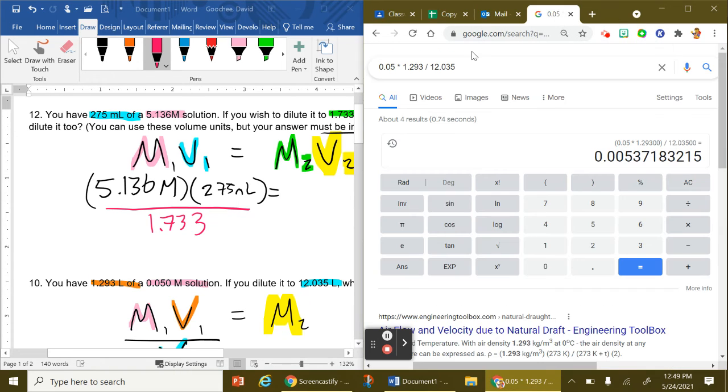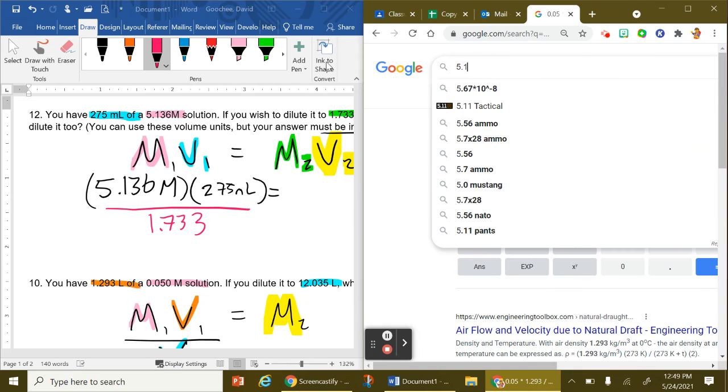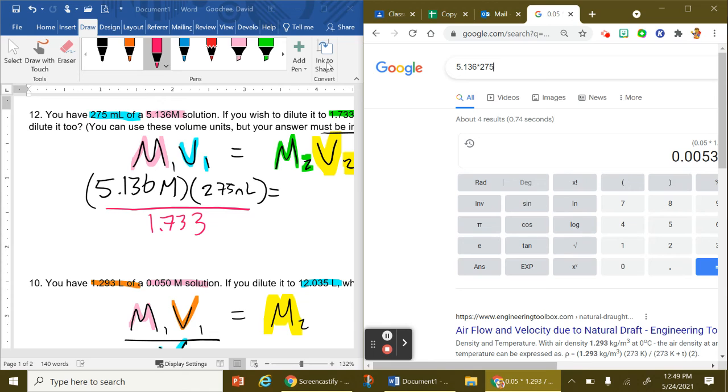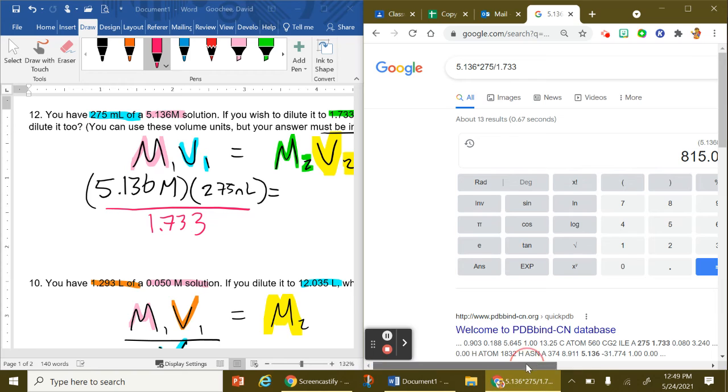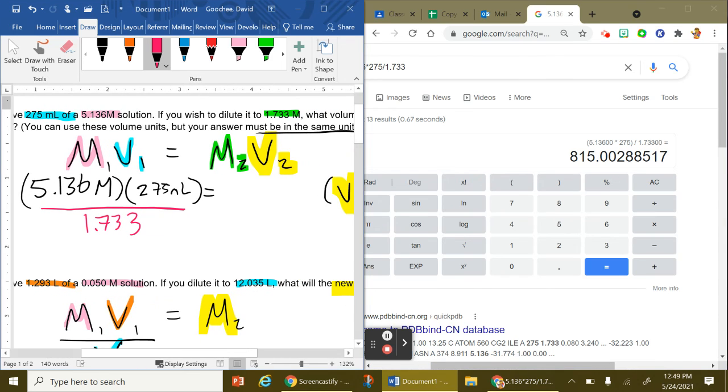Here we go. Let's try this out. 5.136 times 275 divided by 1.733. And we get 815.